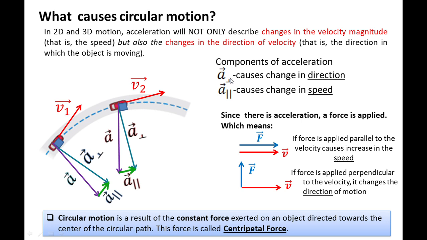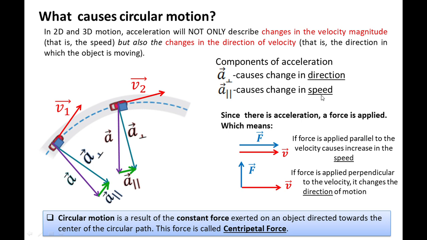One component, the perpendicular component, causes the change in direction, and this one is the requirement for the circular motion, while the other component is the acceleration that is parallel to the velocity, and this one is the one that causes the change in speed, or the change in the magnitude of the velocity.